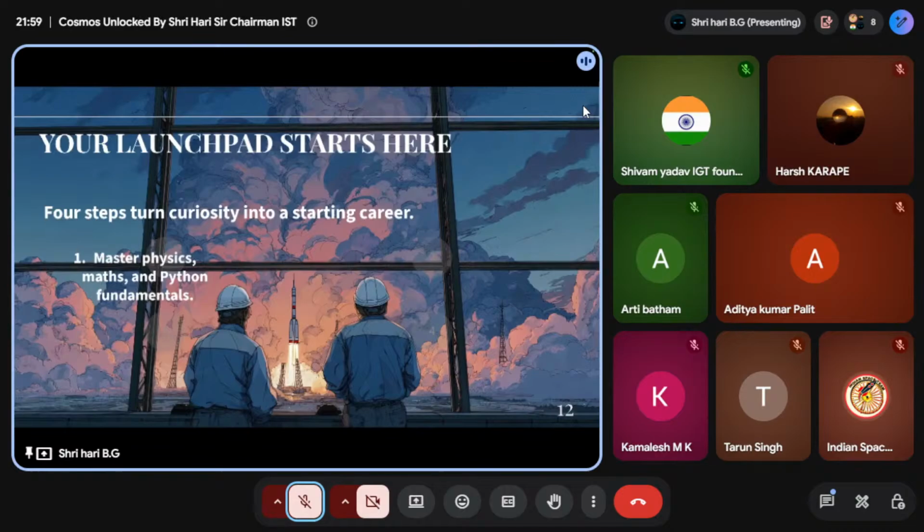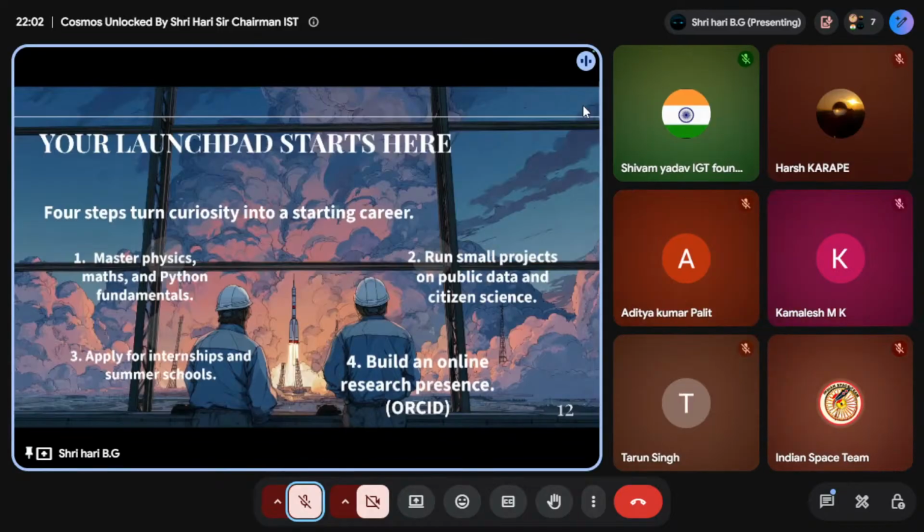And the last one is build an online research presence. Like you say I have done this research, I have done this research, but for authentic verification, whether you really did this research or you are just saying it, there is no proof. You should put that research on ORCID.